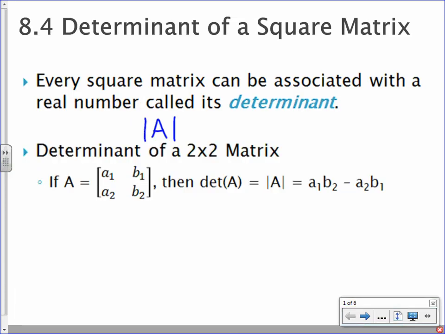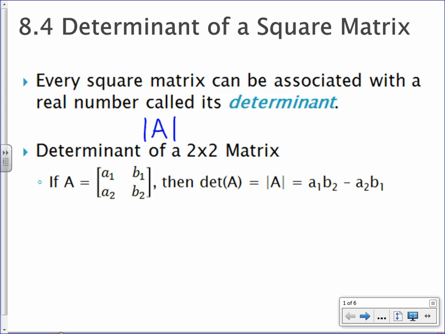So here's how we find the determinant of a 2 by 2 matrix. Here is our matrix. The determinant, which we notate, this is how you're going to see it in your calculator, DET.